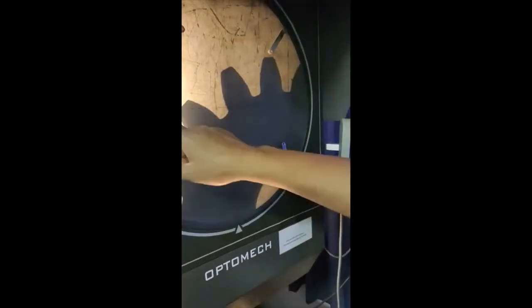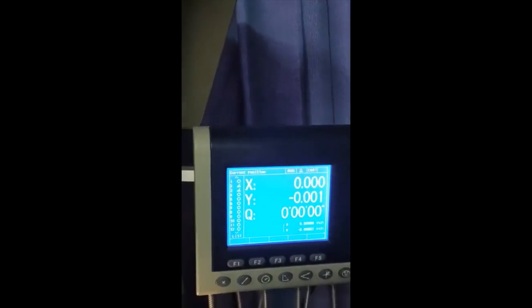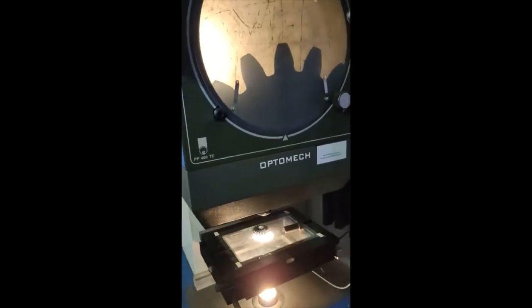This is the cross line. Along with this cross line, you can set different positions. You can put this zero cross line point here, and like this you can make it zero. So I am going to measure the tooth profile of this gear.